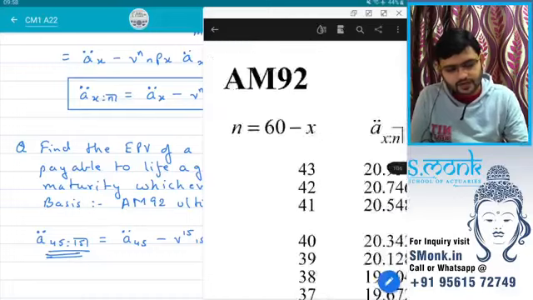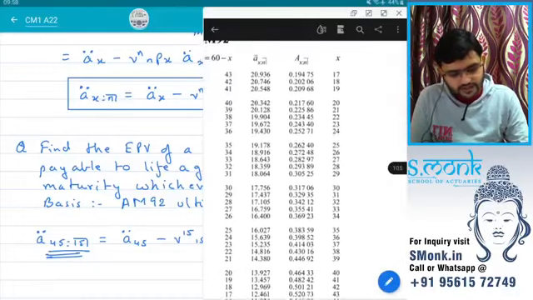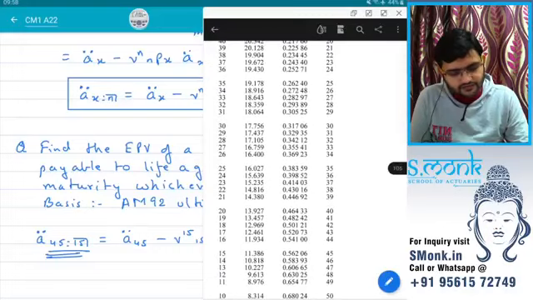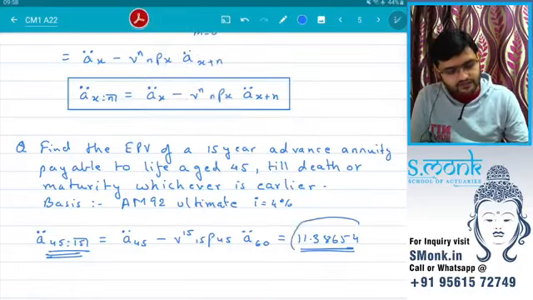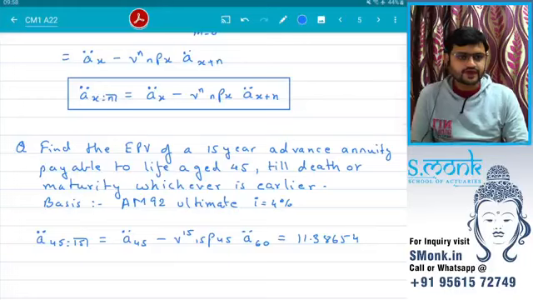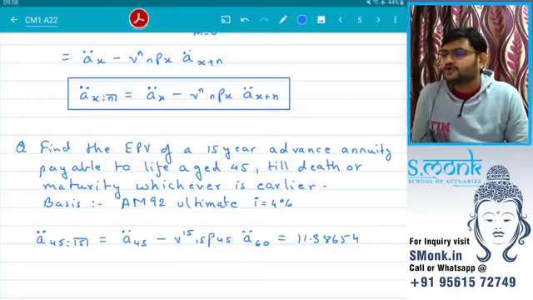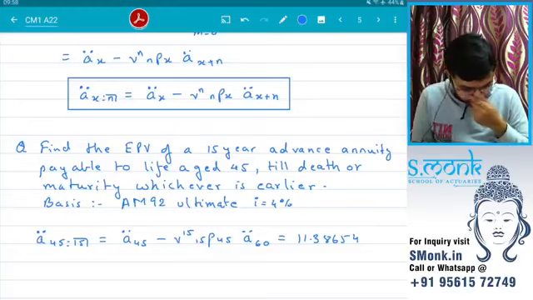I am looking for the n equals 60 minus x table. In this I want 15 years and age 45. You can see 11.386, which is exactly what we got here. So again, in the case of 60 and 65, we can definitely use those endowment tables to find temporary annuity.